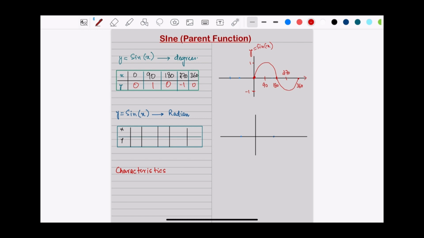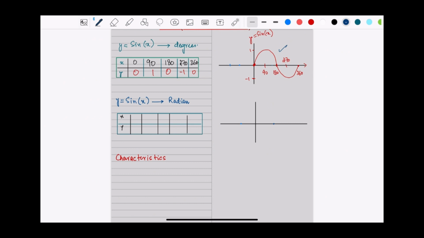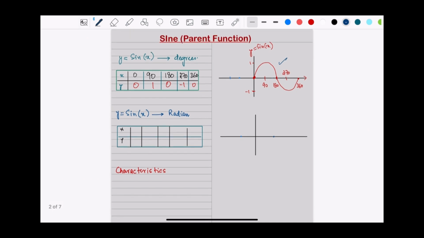Now, this curve is not limited to this section, and we'll discuss more on that. But this is just a basic curve. This is how you see it start from 0 to 360. The domain of this curve is 0 ≤ x ≤ 360 degrees.